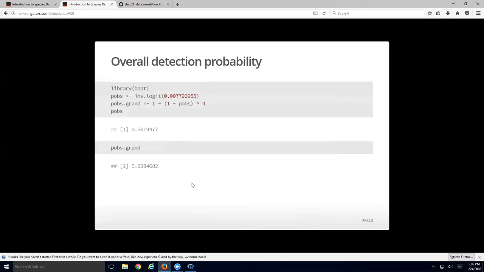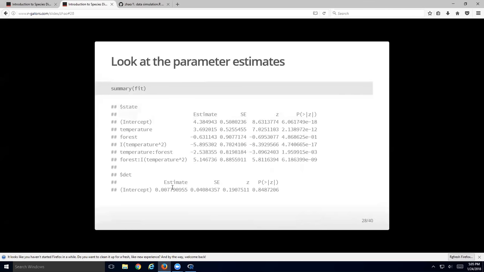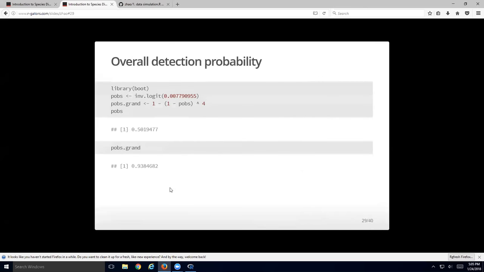Remember, this estimate of detection probability is at the largest scale. So first, I need to calculate the detection probability for each opportunity. Remember, we have 4 opportunities, right? For each one, it's about 50%. It's not that high. You have half a chance to miss that species.